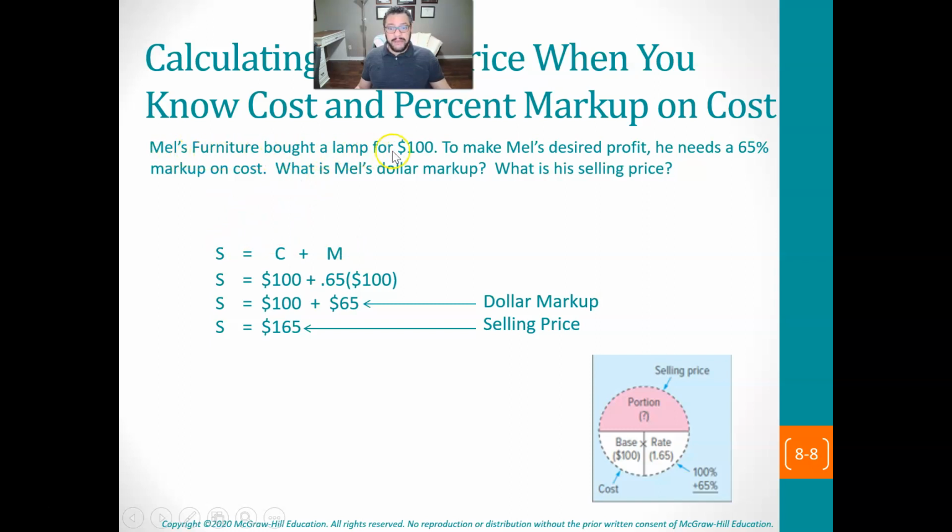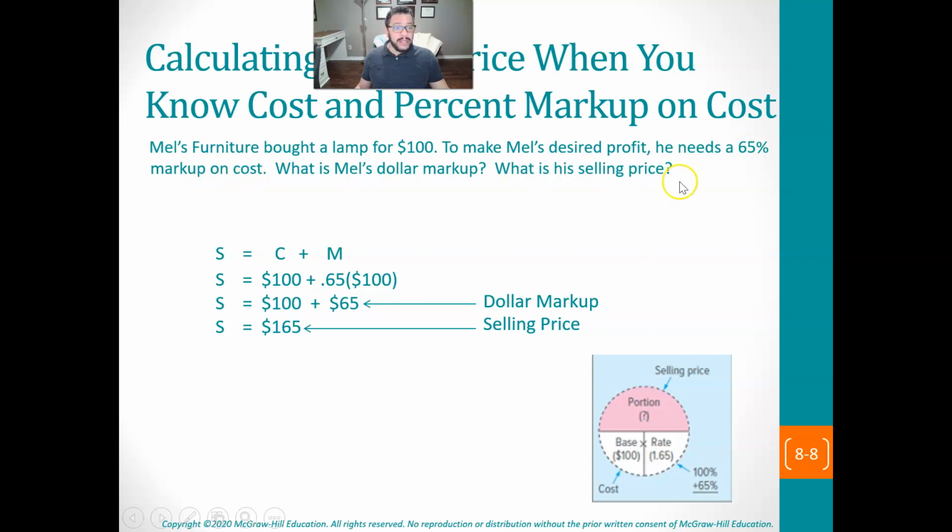Mel's Furniture bought a lamp for $100. To make the desired profit, he needs a 65% markup on cost. What's the dollar markup? What's the selling price? Well, we don't know the selling price, right? They're asking us that. We don't know the markup, but we do know that it's 65% of the cost, right?